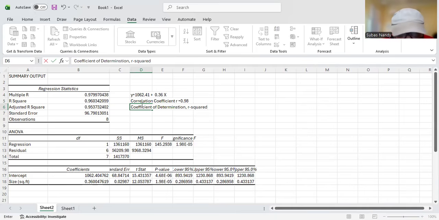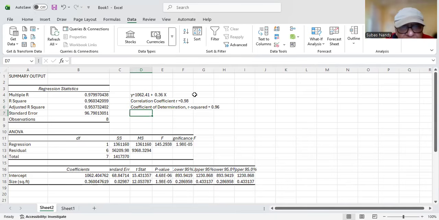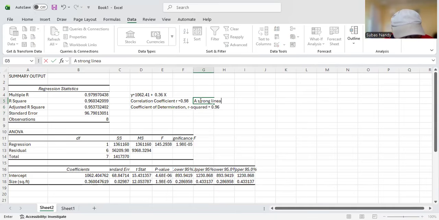Okay. So correlation coefficient of 0.98 means a strong linear relationship between x and y, because it's so close to 1.